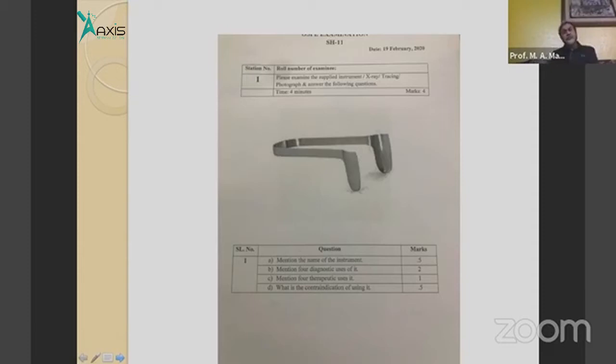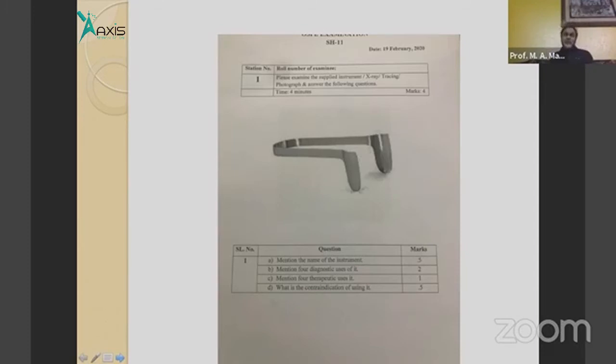Diagnostic means to examine the patient's nose to see what is there. It is meant to see the nasal cavity: septal deviation, turbinate hypertrophy, any bleeding point in case of epistaxis, nasal mass, nasal polyps, or any foreign body in the nose.